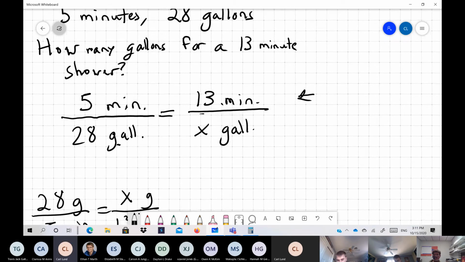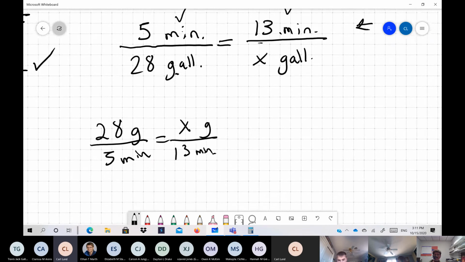If I have minutes on top on one side, I should have minutes on top on the other side. If I have gallons on top on one side, I should have gallons on top on the other side. Couldn't you also take 28 divided by 5 and then multiply that answer by 13? You certainly could. In fact, that's what cross multiplication does.